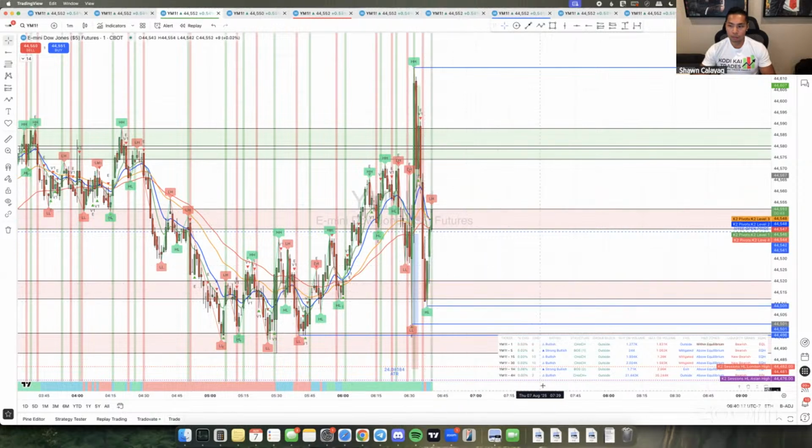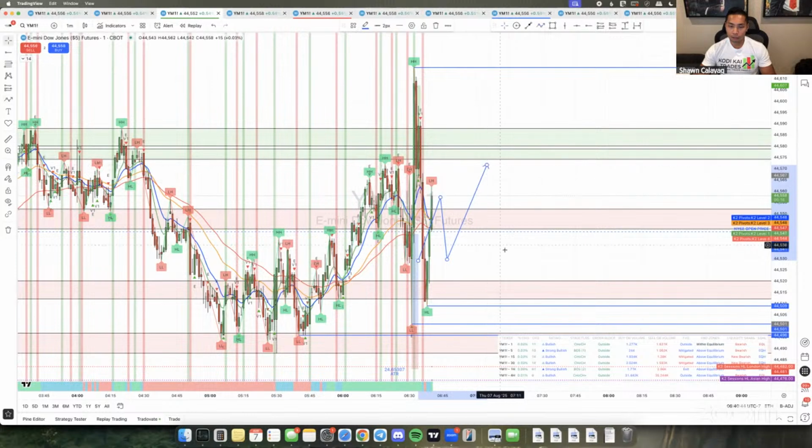But my overall market structure here is bullish, as you guys can see. So what I might see right here is if price comes back down, look for a possible sweep around this area.